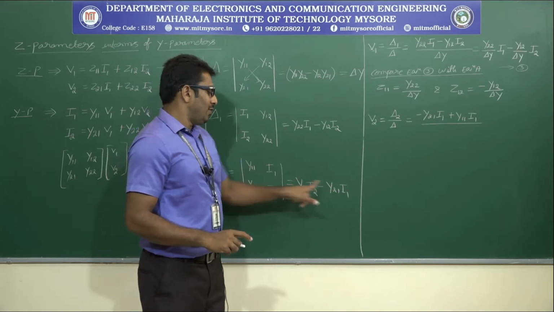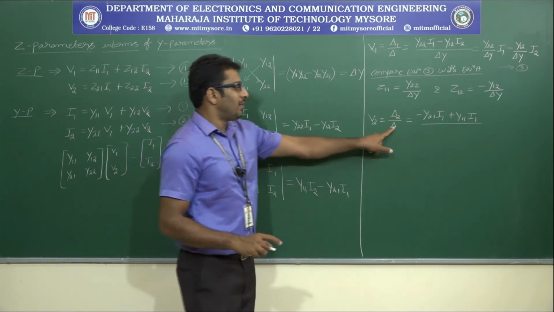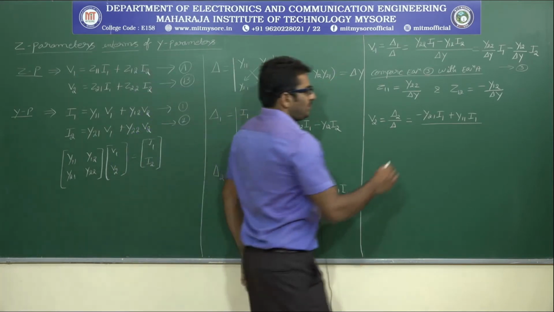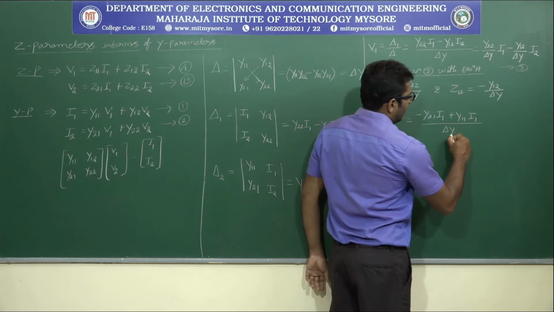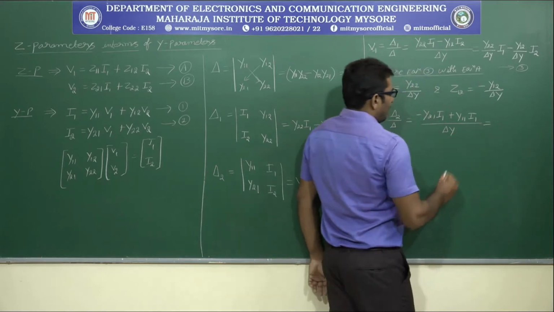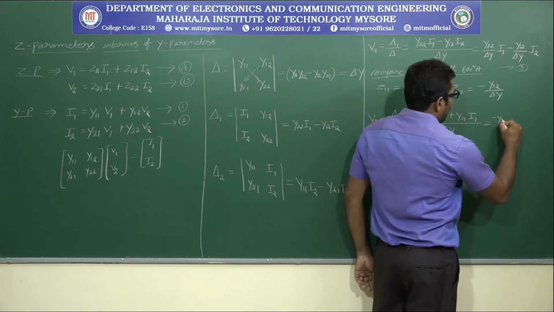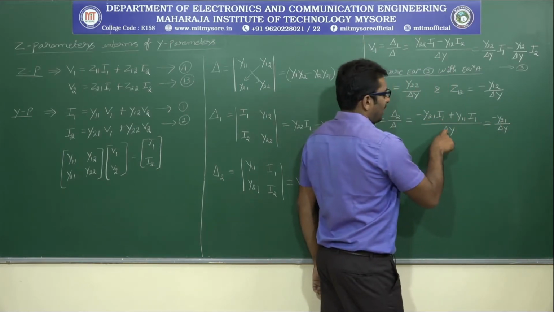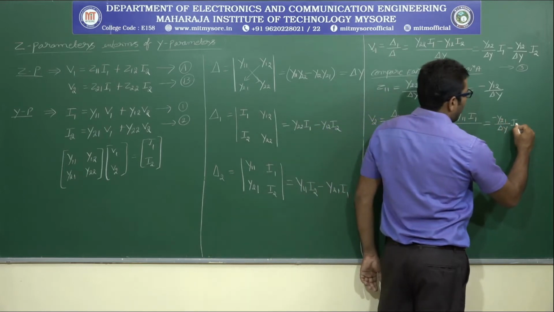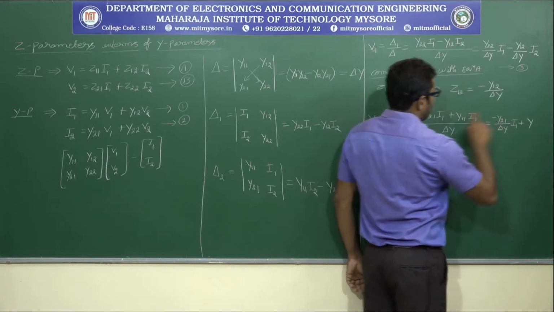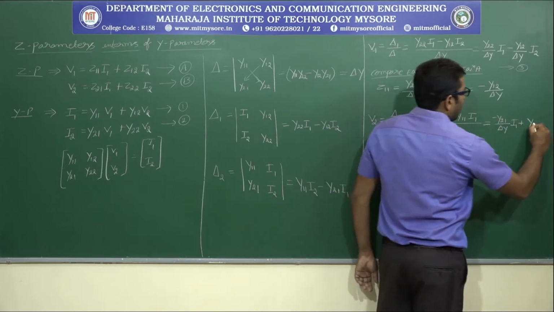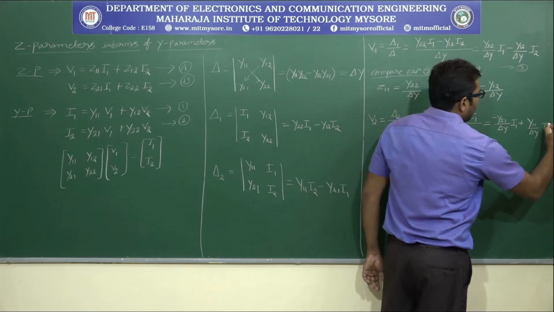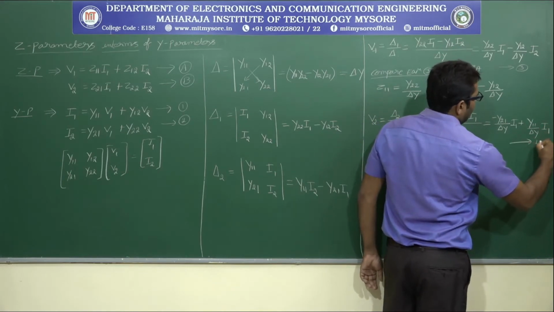Minus Y21 I1 plus Y11 I2 divided by delta. Delta is nothing but delta Y. Just rearrange the equation: minus Y21 by delta Y into the coefficient I1, plus Y11 by delta Y into coefficient I2, and call it equation 4.